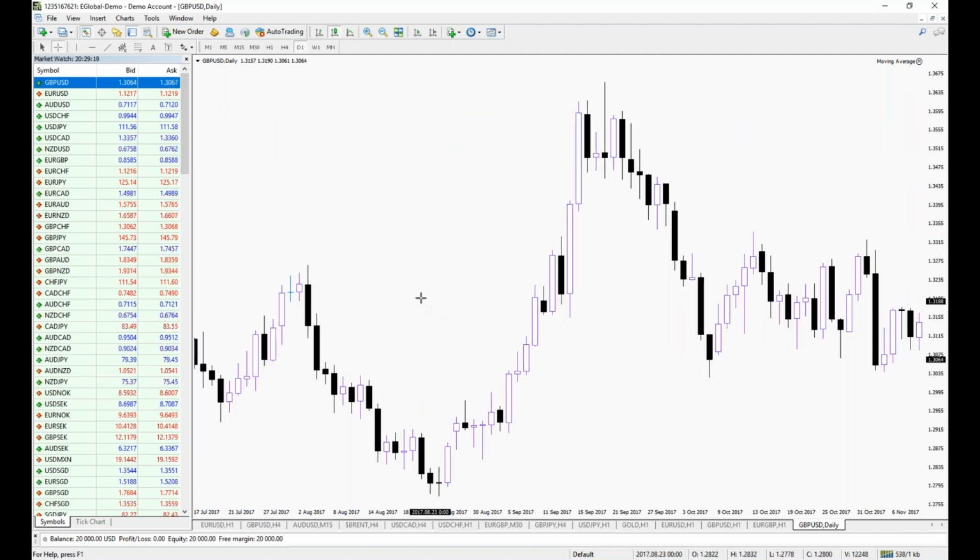Like in here, this is a nice example. I like it. So you see that there was a bearish trend in here. Then a doji appeared, and after the doji appeared, a bullish trend started. It went all the way up until another doji appeared.